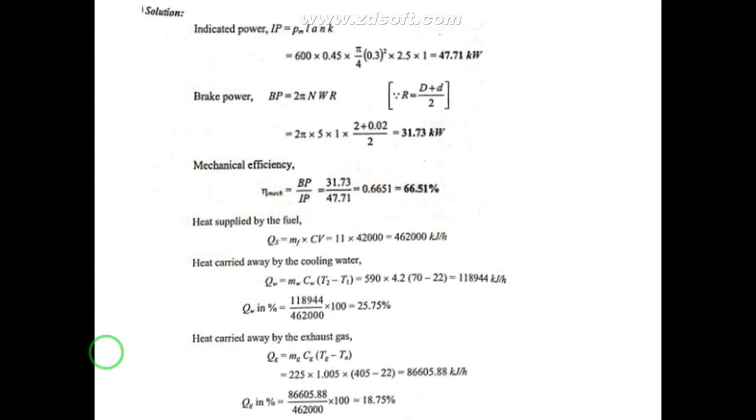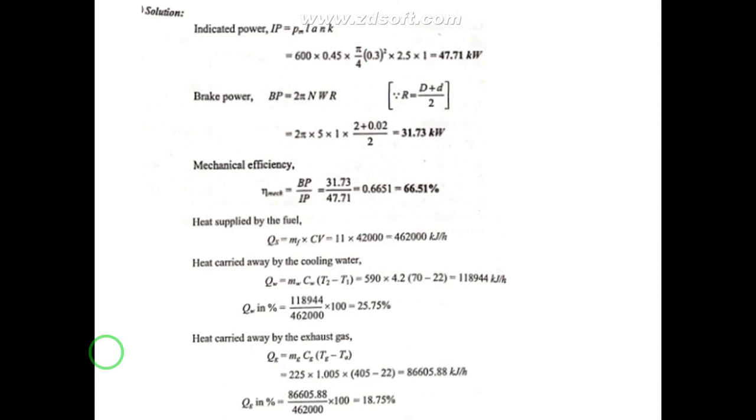First we are going to find the indicated power, abbreviated IP. The formula for indicated power multiplies the mean effective pressure, length of the stroke, area of the cylinder, and speed of the piston, with K being the number of cylinders used in the engine.